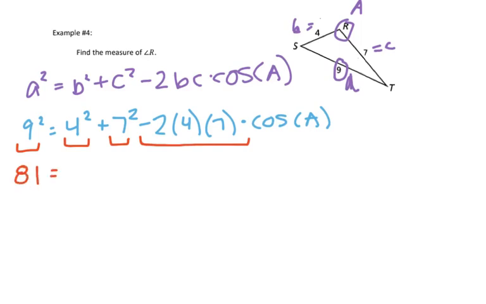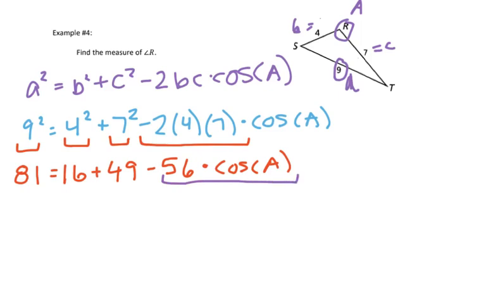So 9 squared is 81, 4 squared is 16, 7 squared is 49, and then 2 times 4 times 7 is a negative 56 times cosine of A. So basically what we're going to do is isolate this piece here because it has our variable that we're trying to solve for. And so I'll subtract this 16 over.